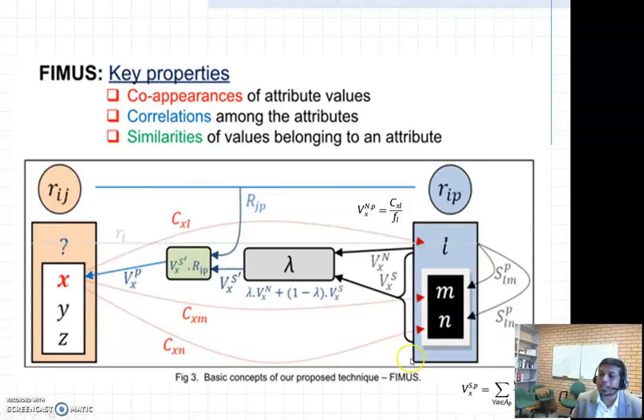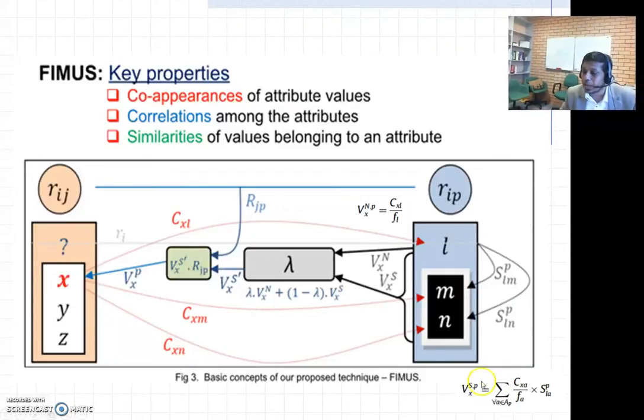Then we calculate the vote for X based on M and N as well, using this equation, where we consider the coappearance of M and X divided by the frequency of M, and we multiply it by the similarity of L and M. So how similar are L and M?